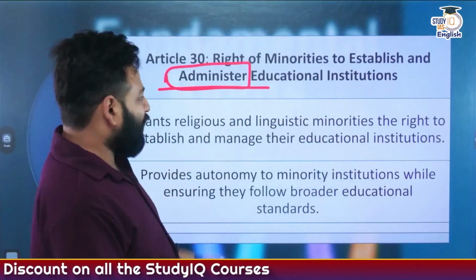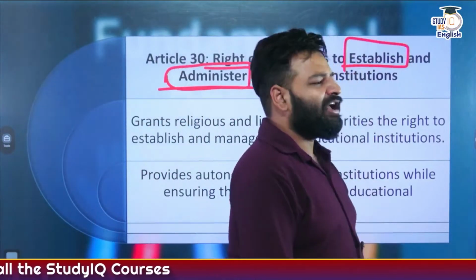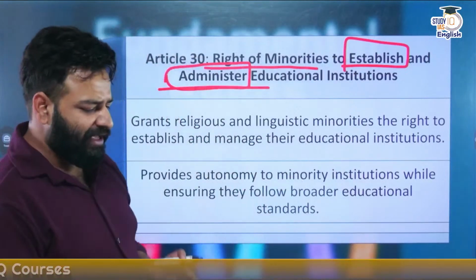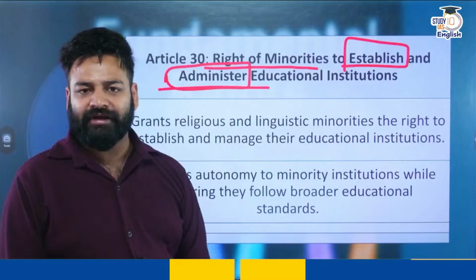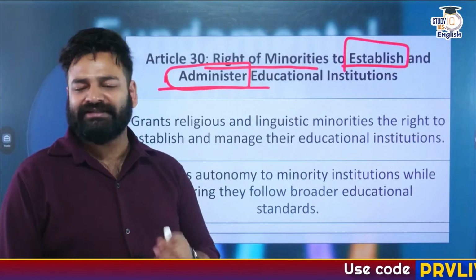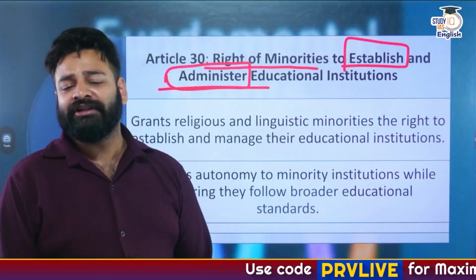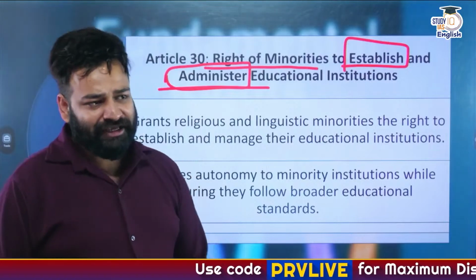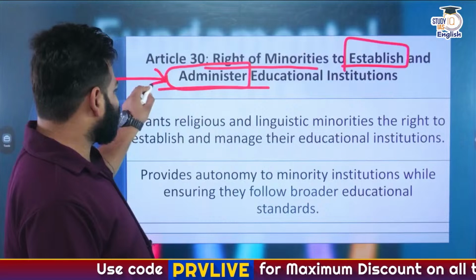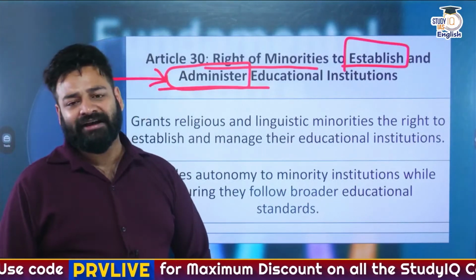Let's say I'm a minority from any religion or language. I want to establish my XYZ school, XYZ college, or XYZ university. Can I? Yes. Who will administer it? Will the state come in between? No. Even if the state comes in between, the administration of the institution will be in my hands only.